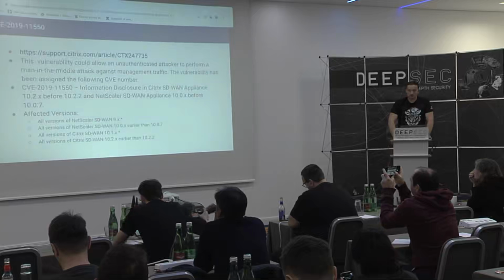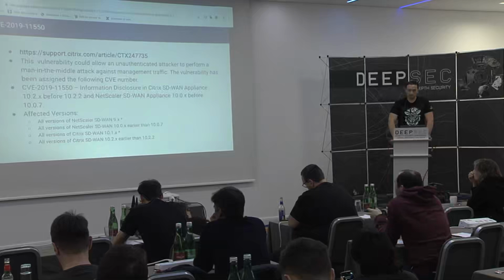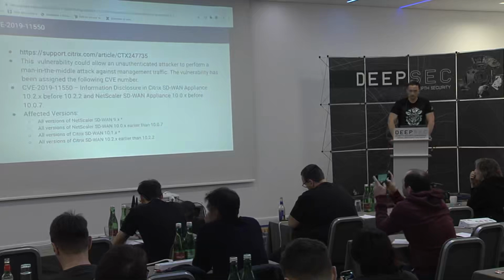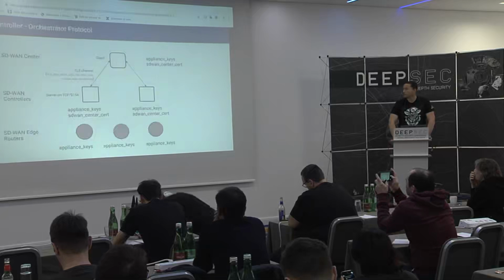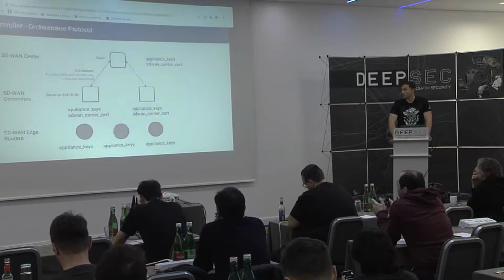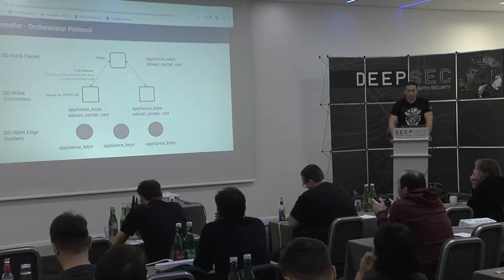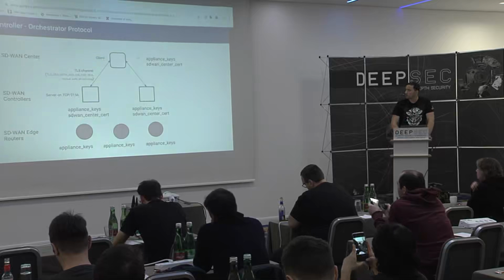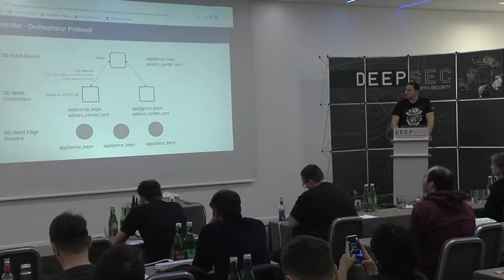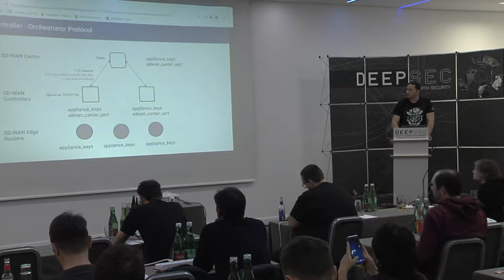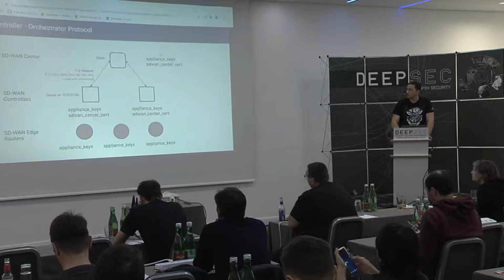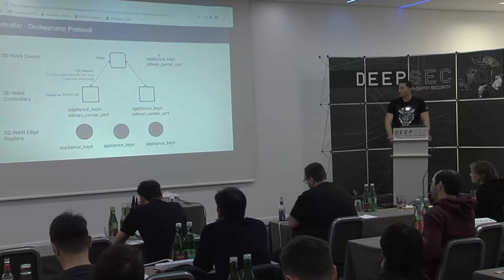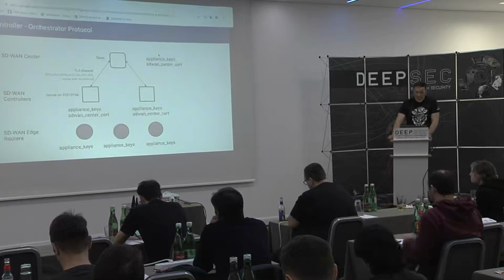As a result, an attacker in a man-in-the-middle position could use this private key to perform a man-in-the-middle attack against management traffic between controller and orchestrator. This is SD-WAN design. As you can see, all devices, edge routers, controllers, orchestrator are provisioned using appliance keys, and those appliance keys are the same for all devices.